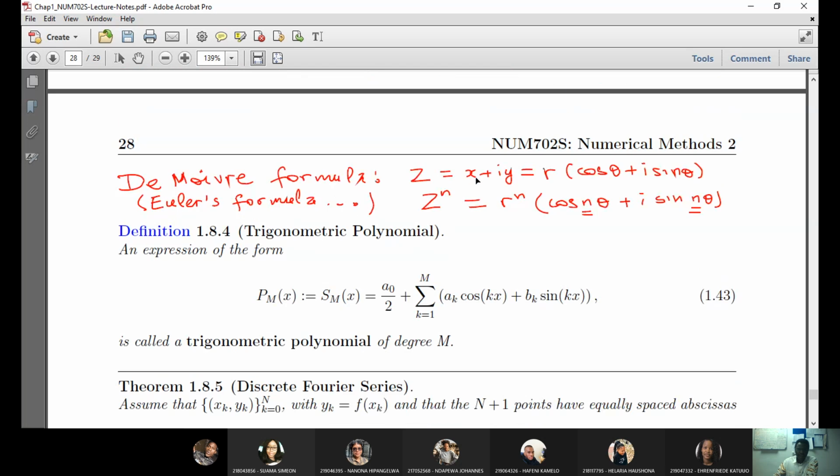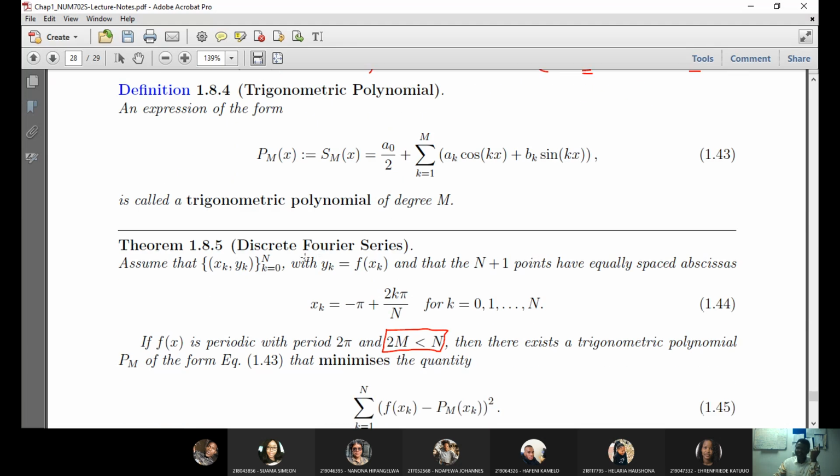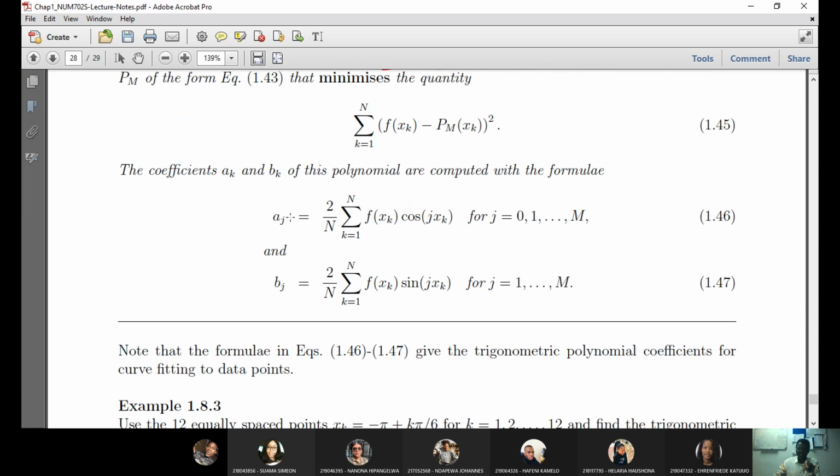So when you are dealing with a trigonometric polynomial, bear in mind that these are truncated Fourier series. You don't want to use the entire Fourier series. You truncate it to obtain a discrete Fourier series. So you see that it's still a Fourier series, right? So the information that you know about whether the AK will be 0 or the BK will be 0, go back to your knowledge of Fourier series to assess whether this will be 0 or that one will be 0 or neither. I hope it's clear.